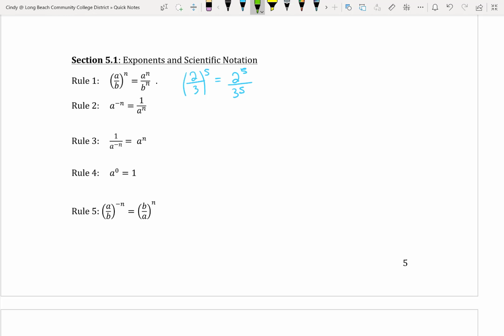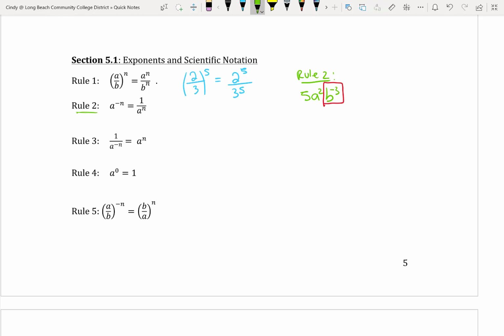For the second one, rule number 2, I'm looking at that and it's saying, hey, whenever I have a negative exponent, it just means to move it to the opposite side. So, for example, my rule 2. If I have 5a squared b to the negative 3, well, it tells me that the only thing that's a negative exponent is that b power.